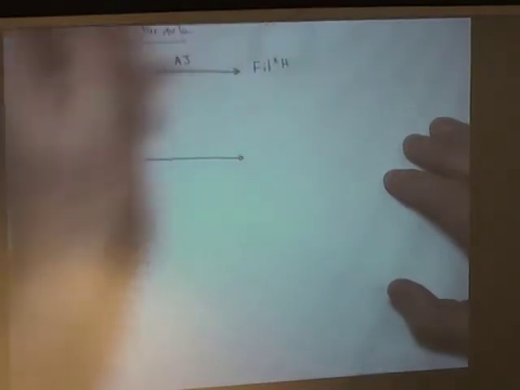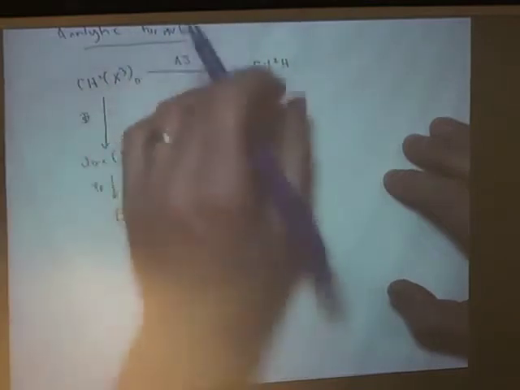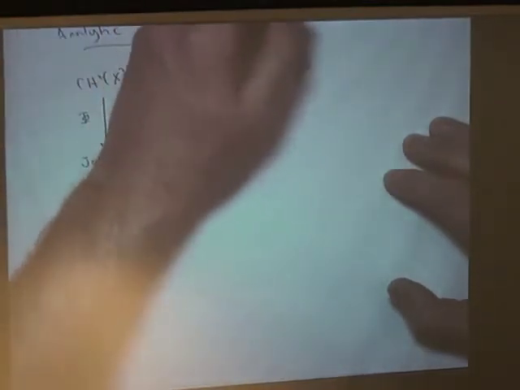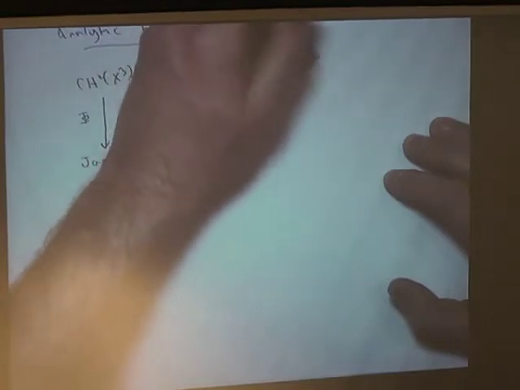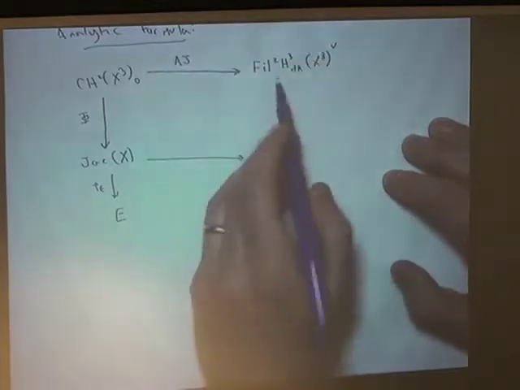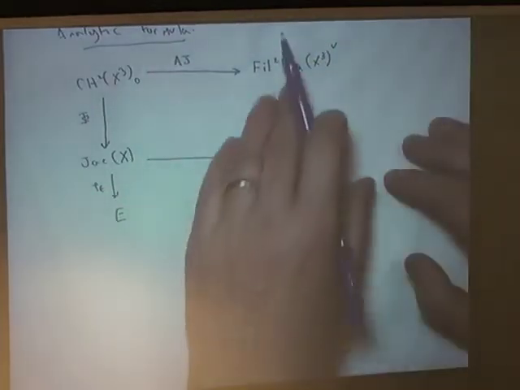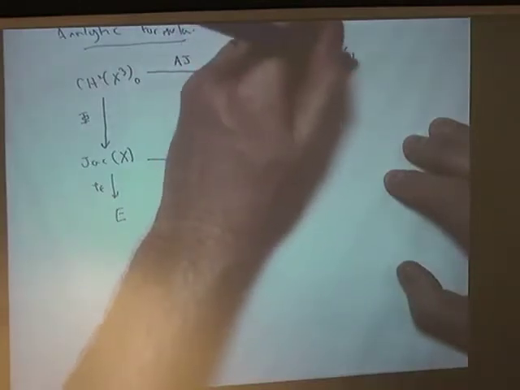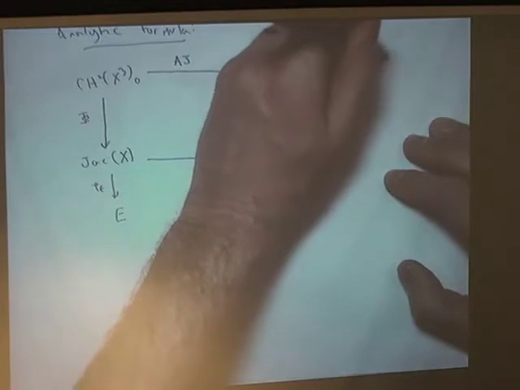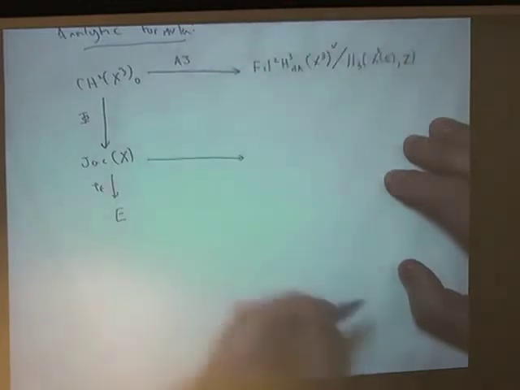So here the Abel-Jacobi maps this to a certain piece of the dual of the de Rham cohomology of X cubed. So it's the dual of the second stage in the Hodge filtration of the H3 de Rham of X cubed, modulo the natural image of the H3 of X cubed of C with values in Z.